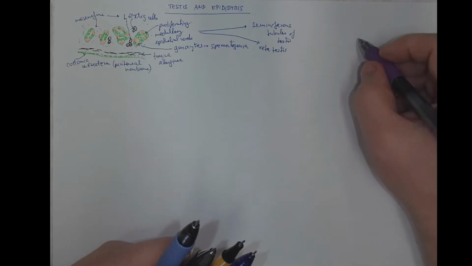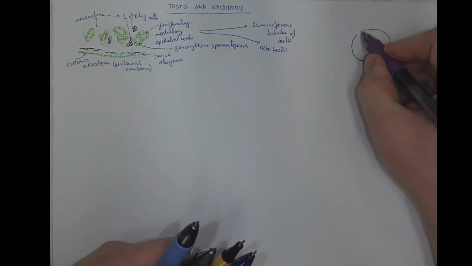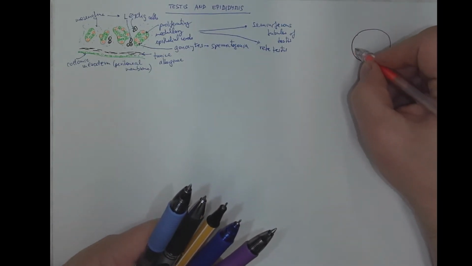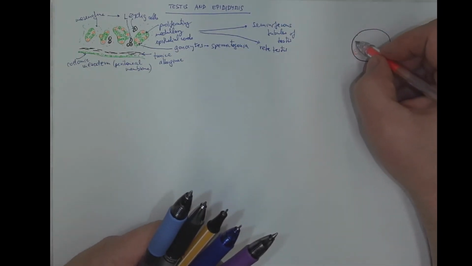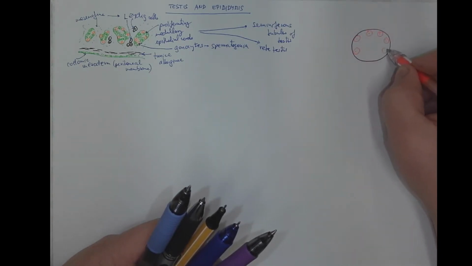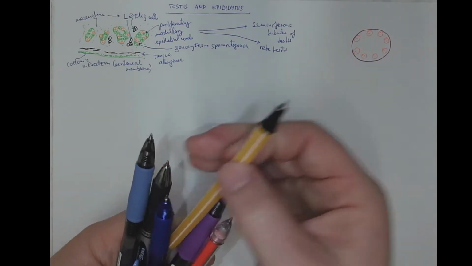So only to remind you, the seminiferous tubules of testis contain, in the basal compartment, the spermatogonia, like stem cells for the spermatogenesis that starts with the onset of puberty.